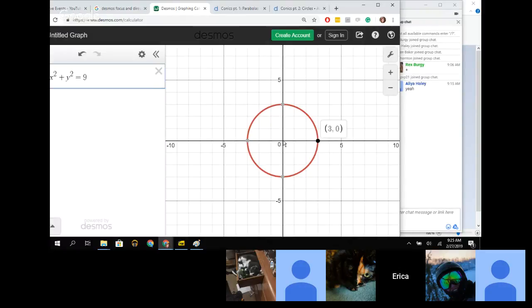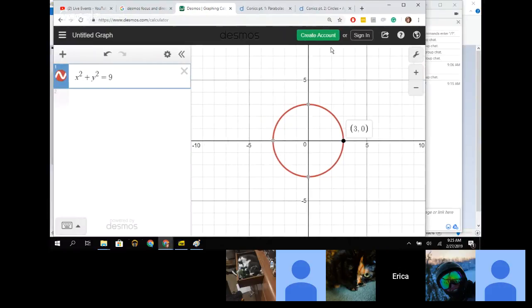So the distance from the center point to any point on your circle is your radius. And we use radius when we're trying to find the area and circumference of a circle. Remember, area equals pi r squared, circumference equals 2 pi r. So the radius of a circle is really important to know the distance from the center to any outside point.